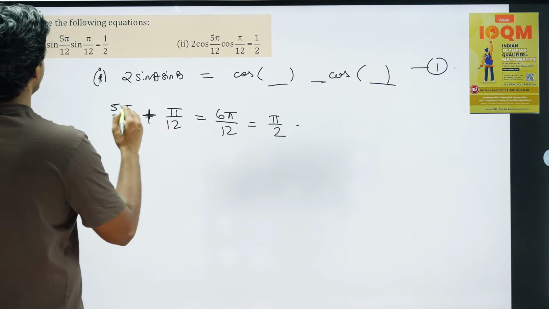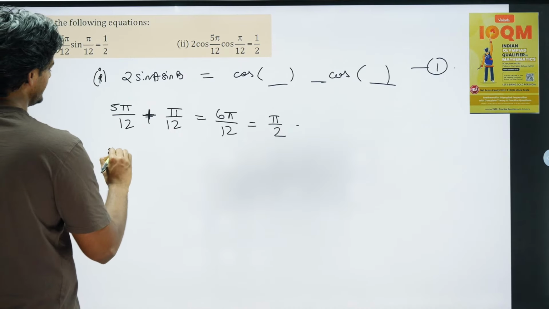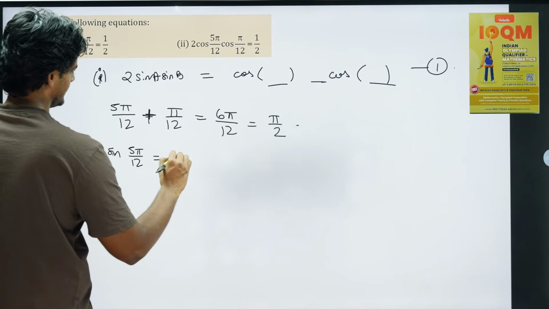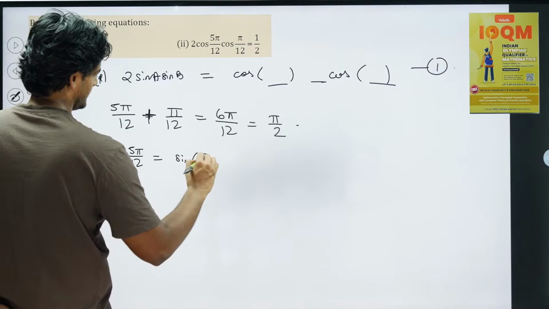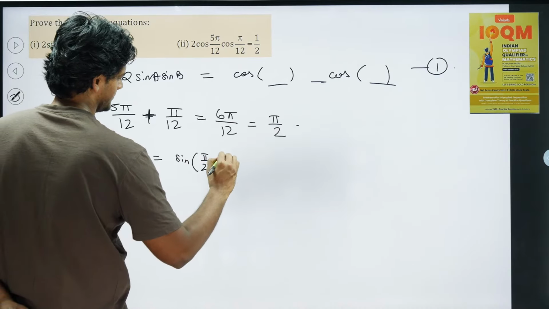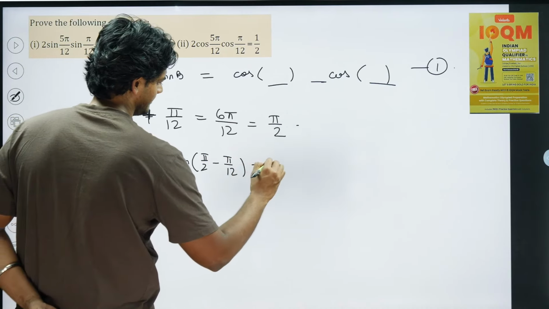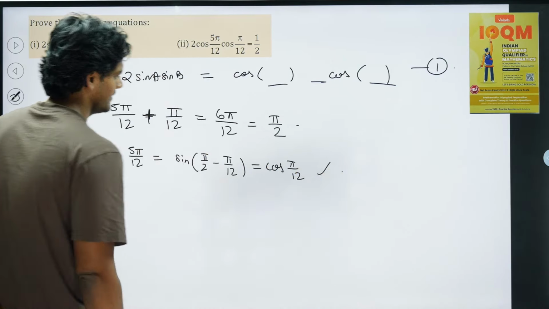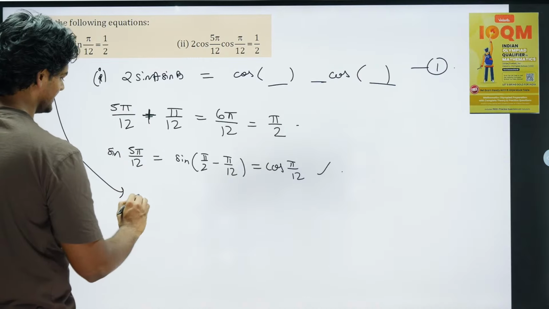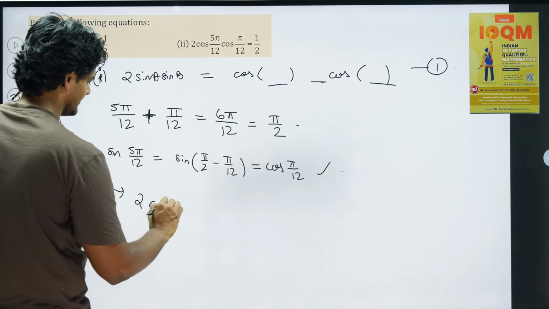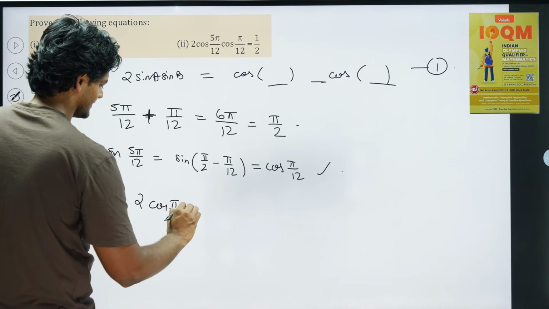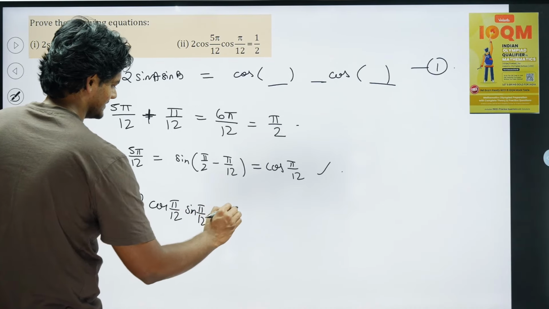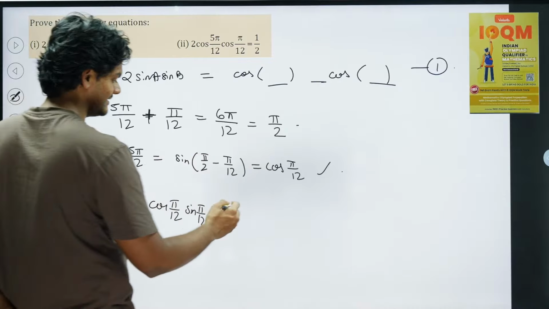Very good. So sine 5 pi by 12 can be written as sine of pi by 2 minus pi by 12, which happens to be cos pi by 12. So this expression can be written as 2 cos pi by 12 sine pi by 12, which is the formula of sine 2 theta.